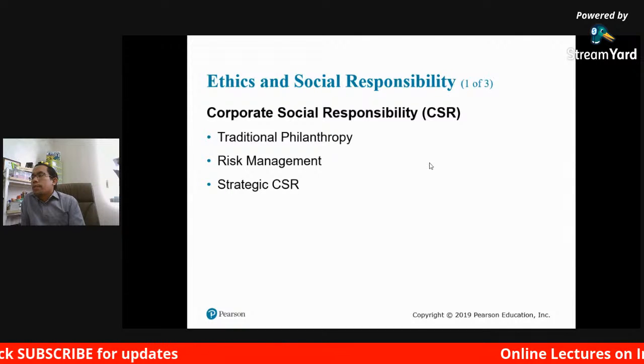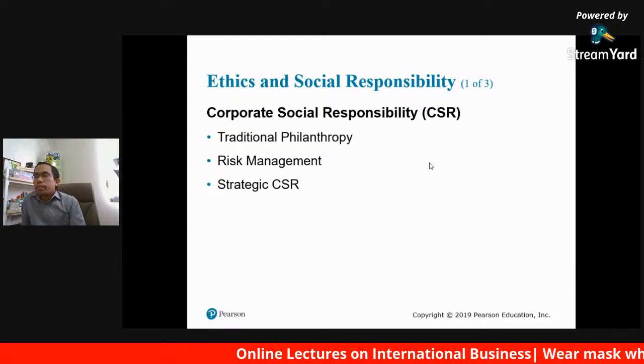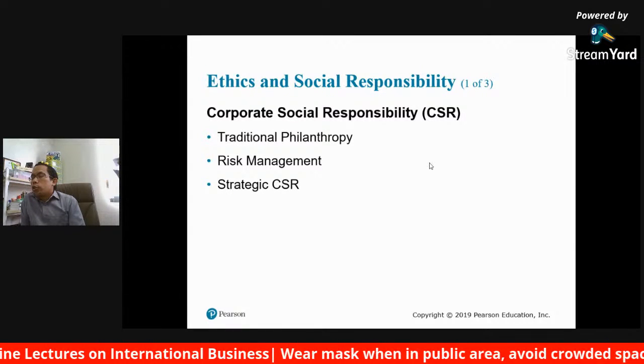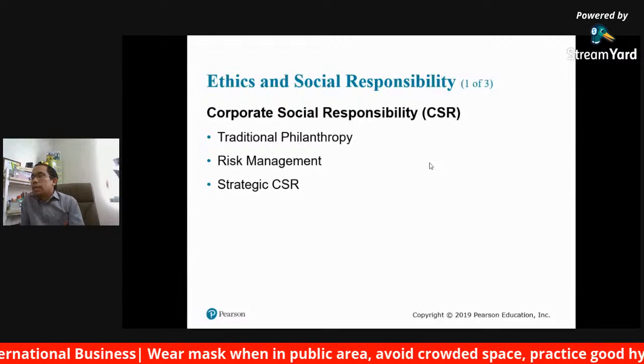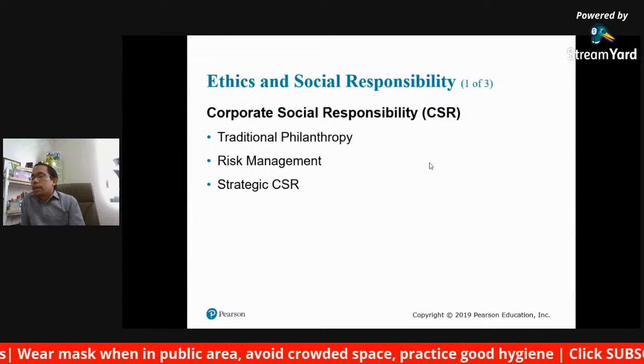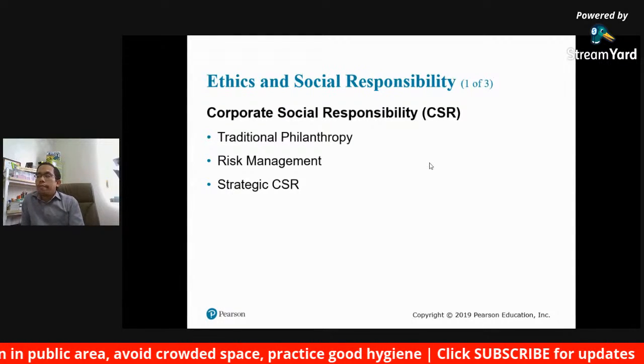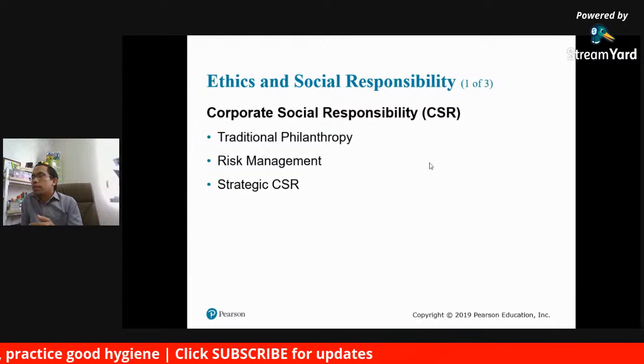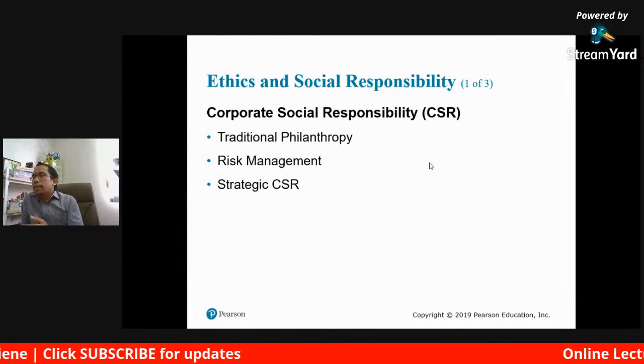So to embrace CSR, in one company you should have the first layer, traditional philanthropy, donating money.